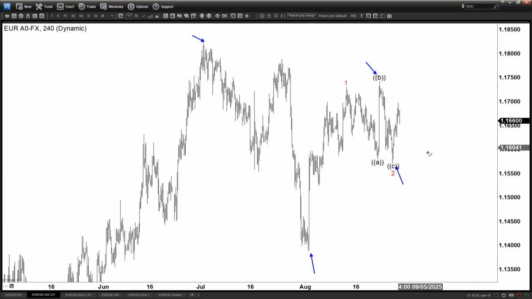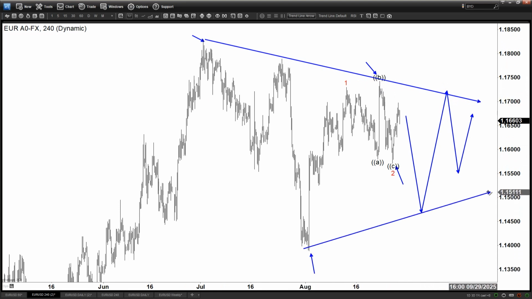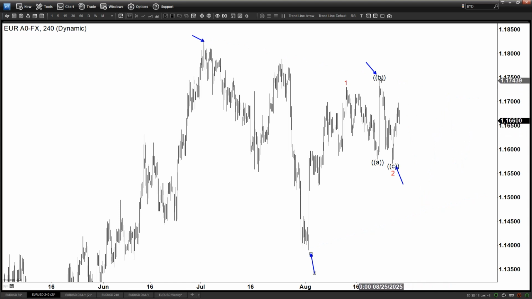We can even do something like this and then rally again and continue to chop around. It can even be a triangle, right? So the confirmation is a break above the previous peak, but the bias is higher for the reason I mentioned: 3 swings down, 5 swing up. It does favor more upside as long as we don't break below this low.